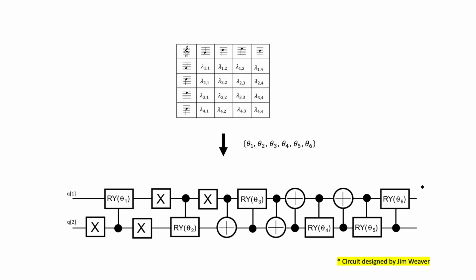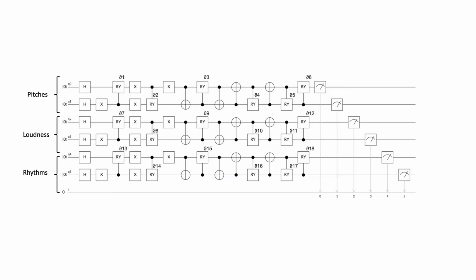This circuit was designed by Jim Weaver. So we have three matrices, therefore we have three versions of the same circuit stacked together. You can see here we need 6 qubits to encode 3 transition matrices.